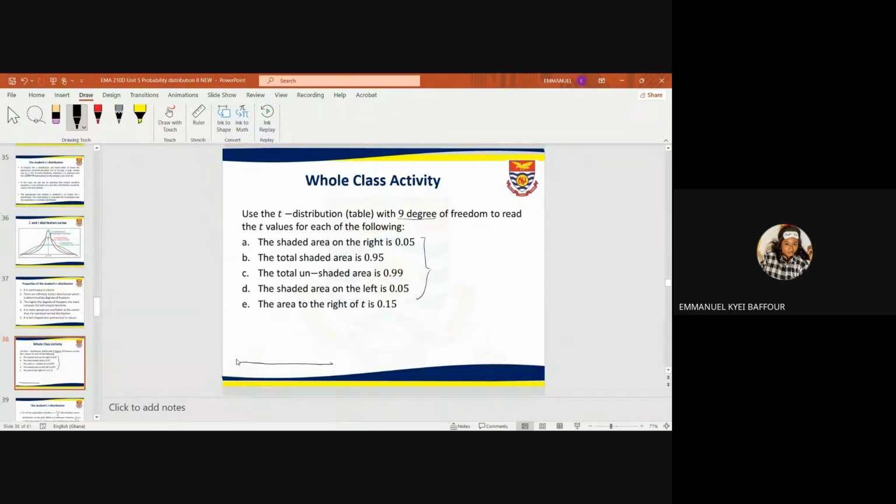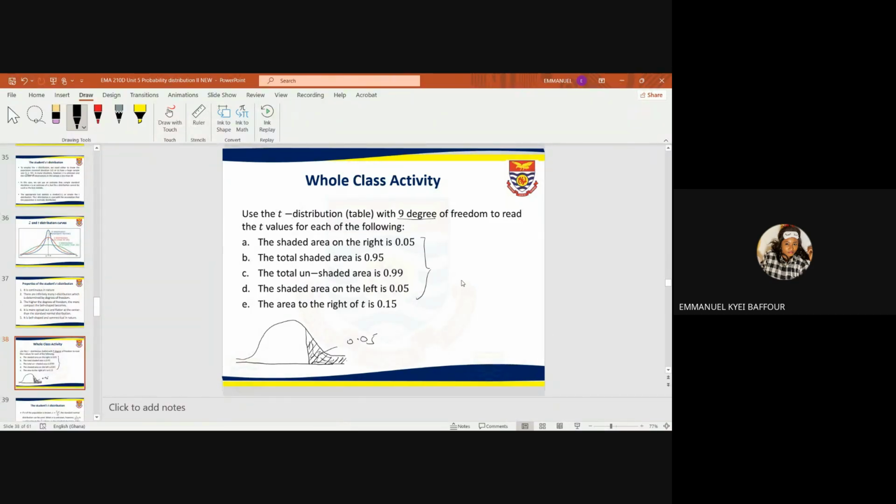So we said the shaded part is 0.05. So it means that you are having the shaded part here as 0.05. So we are supposed to read it against the degree of freedom of 9.